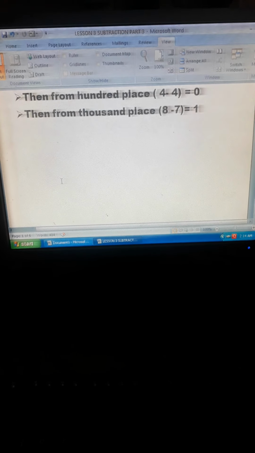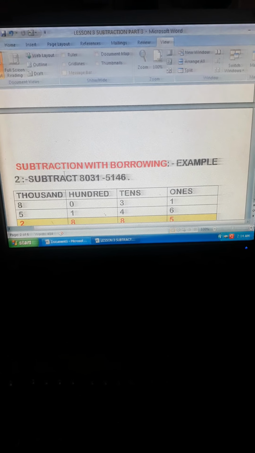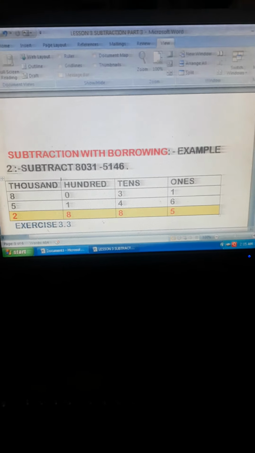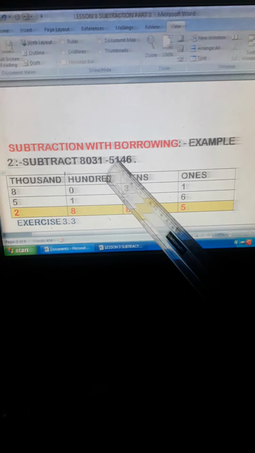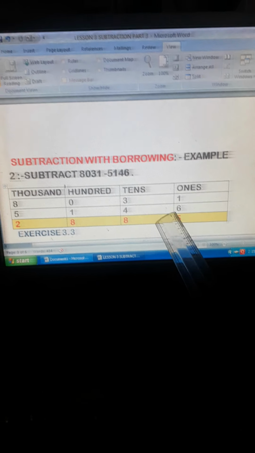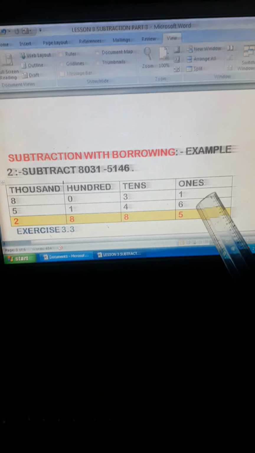Next we are coming to subtraction with borrowing. Let us see the example. 8031 minus 5146. Like this you have to write. From 1, is it possible to minus 6?